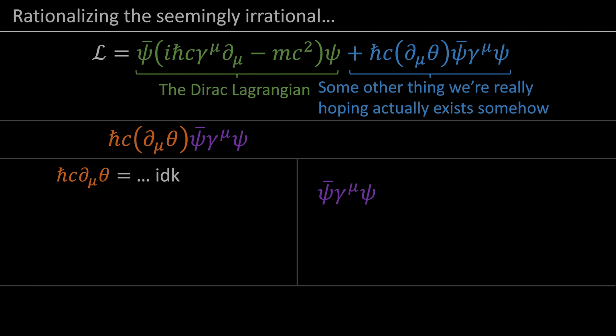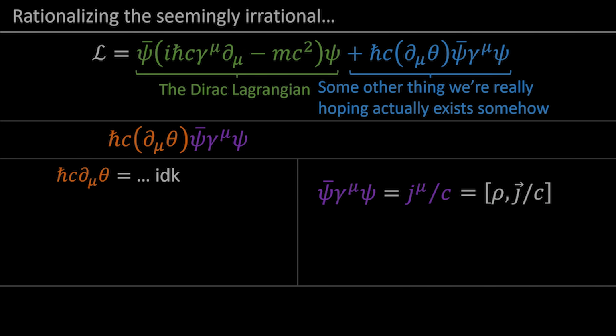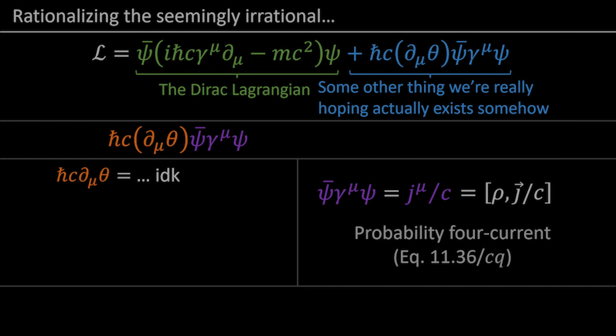Now, psi bar gamma mu psi is actually a very important quantity, and you see this quantity all the time when you're dealing with the Dirac equation. This is the probability four-current divided by the speed of light. That is a four-vector where the time-like part is the probability density, and by the way, here I'm using rho for probability density. Confusingly enough, later on it's going to mean charge density, but in context it makes sense.